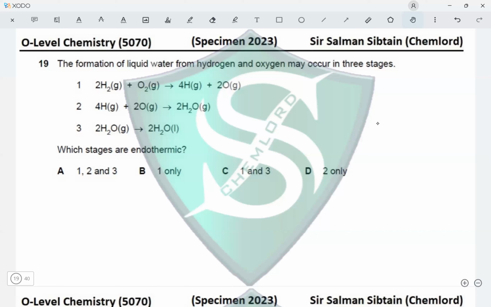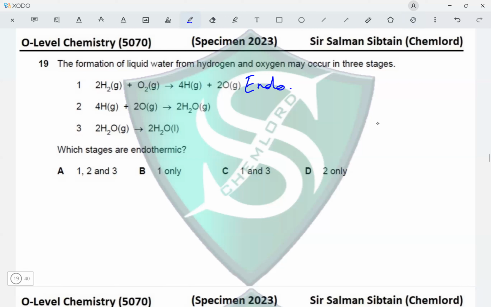So in stage 1, we have a molecule of hydrogen and a molecule of oxygen converting into atoms of gases. So here the process taking place is bond breaking, and bond breaking requires energy, making this an endothermic process.